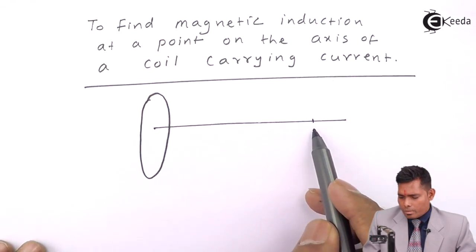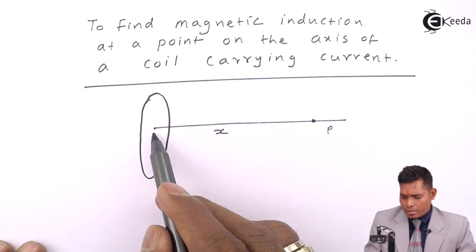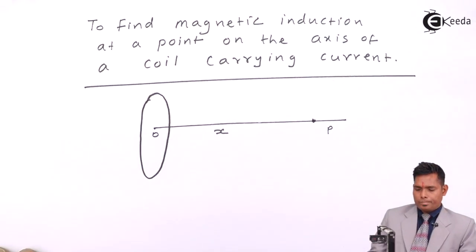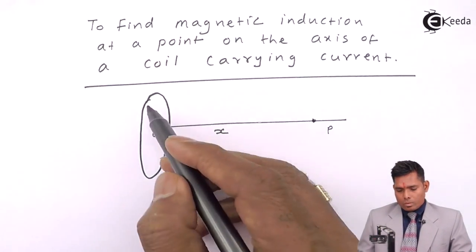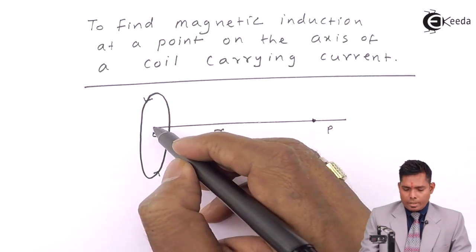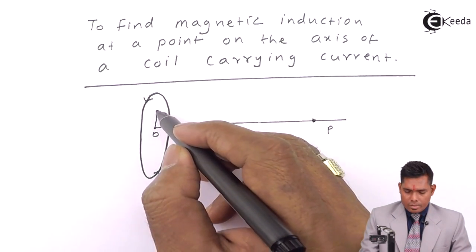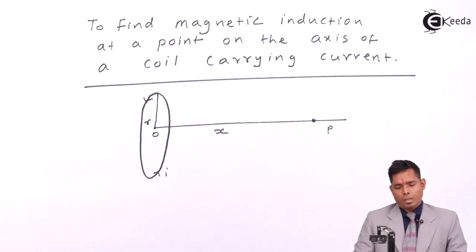I want to find the magnetic field at this point, say P. This distance is x from the center. This point is P. Okay. Now the current flowing is I. Let us say the radius of this coil is R. R is the radius.